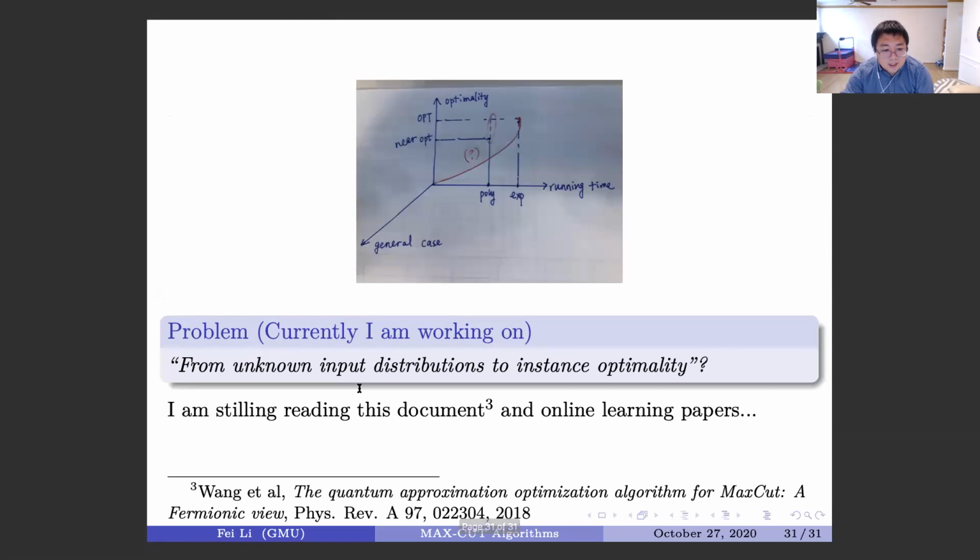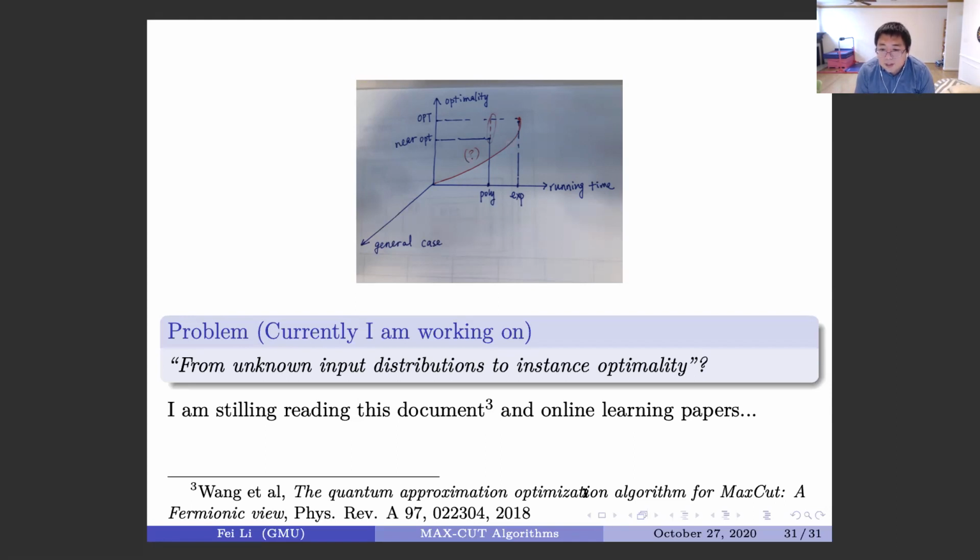Another thing is that this paper gives a better interpretation, but maybe Mike knows about this one. I don't know. It looks like there is a fermionic view of this manipulation.